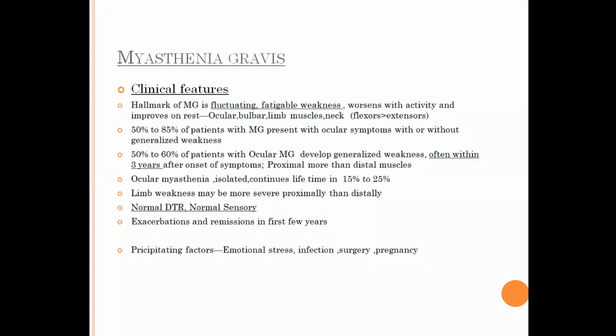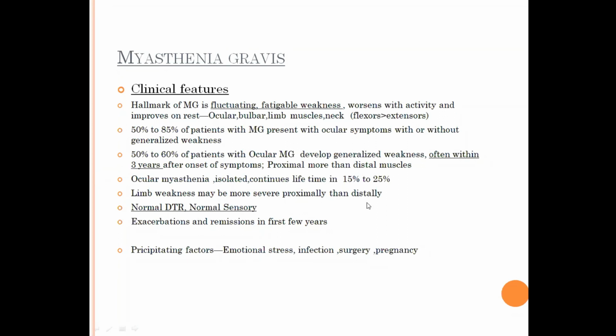It confines to only the eyes, which is a good sign because generalized myasthenia has a possibility of respiratory paralysis and mortality. But as long as it is only ocular, the person is safe. So isolated ocular myasthenia will continue in 25%.